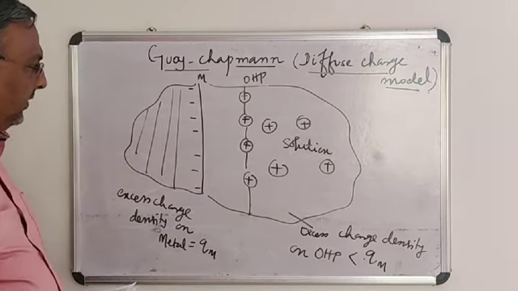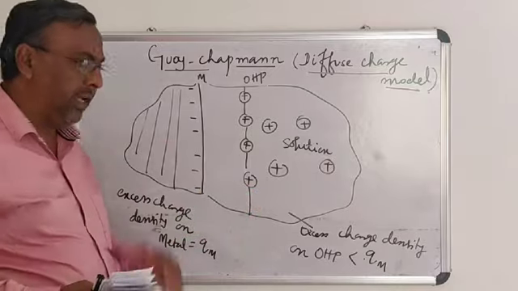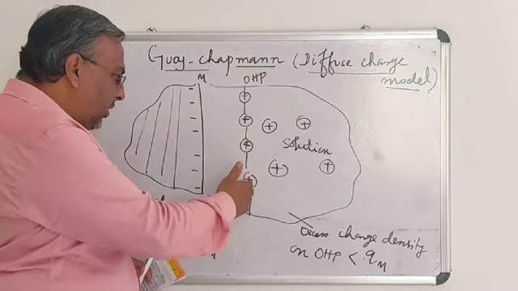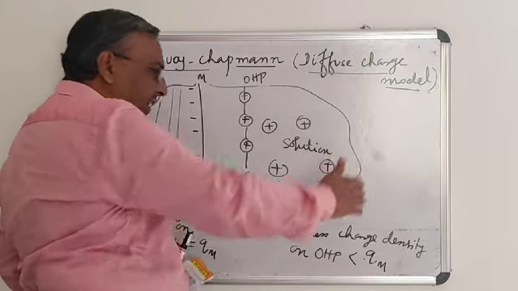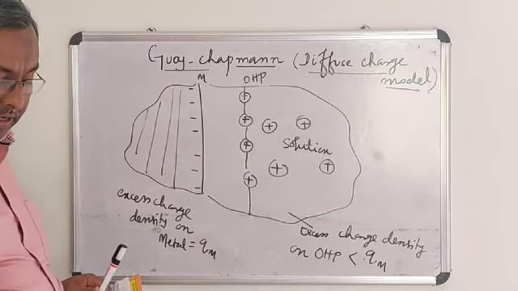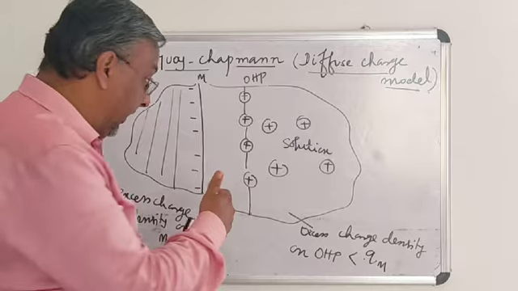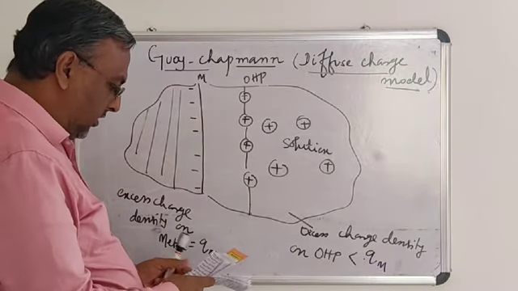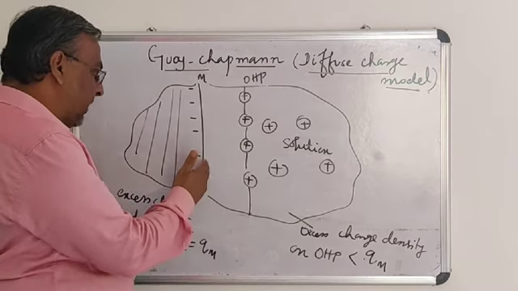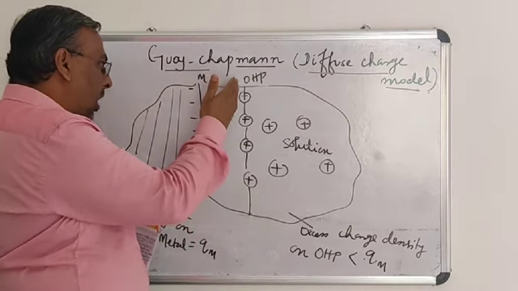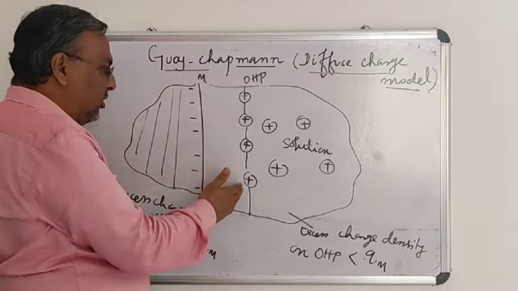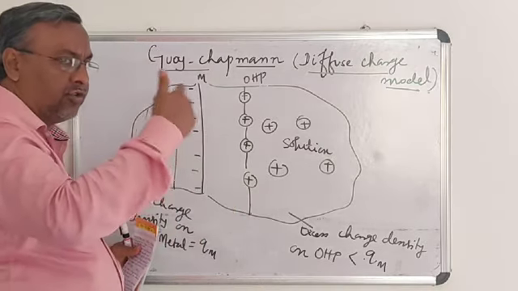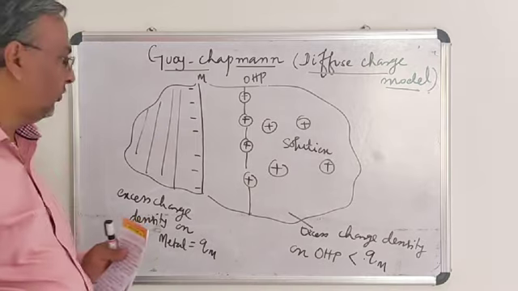And the excess charge density in the solution goes on decreasing with increasing distance. Okay, it goes on decreasing with increasing distance, because, as in the outer Helmholtz plane, the primary and secondary layers are due to solvated and unsolvated ions.